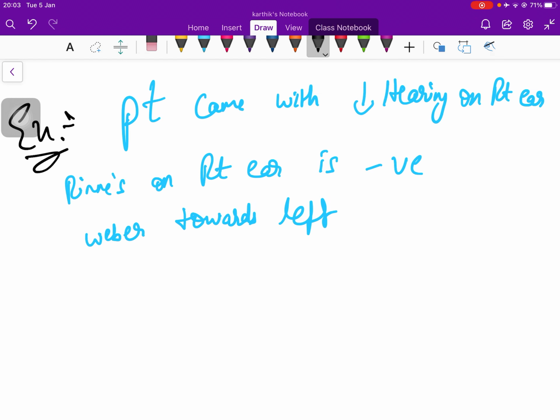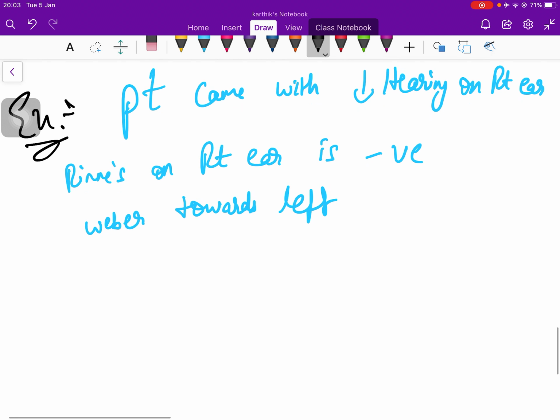Whenever you see a question like this, with a patient coming with decreased hearing on one side, here the right side, and you see the results of Rinne's and Weber's, the first thing to do is write it down.